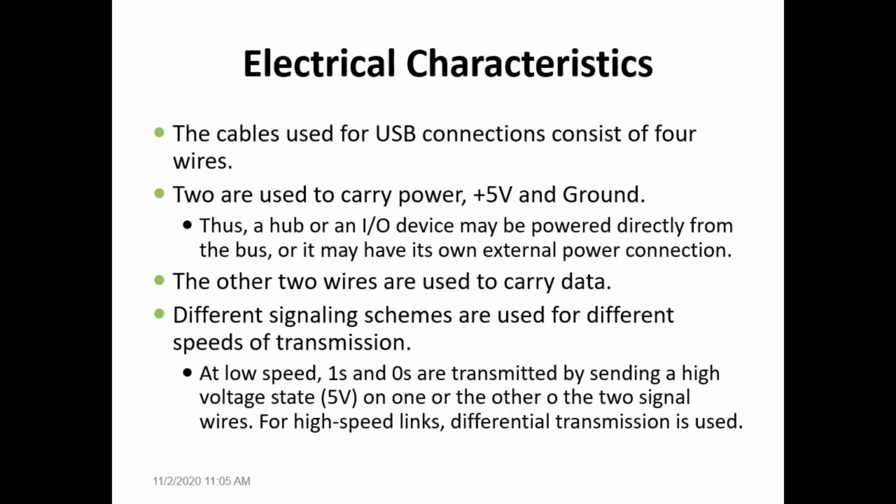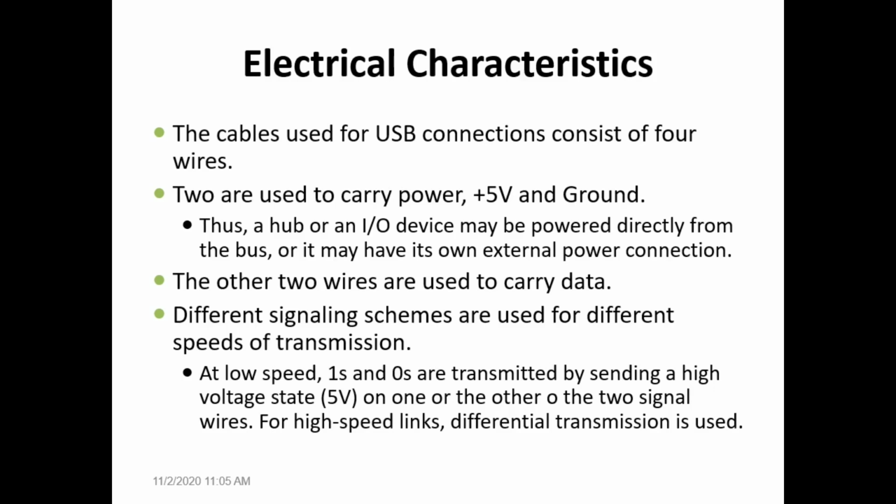In low speed, if you want to transfer bit value 1, then we make that particular wire plus 5 volt. If you want to transfer bit value 0, then we make that particular wire ground or 0. I am talking about only those 2 wires which actually carry the data.